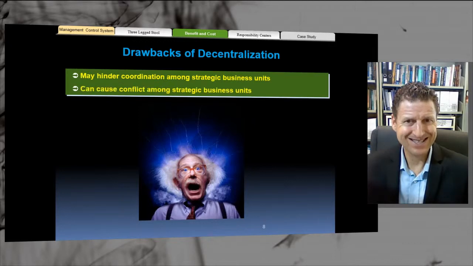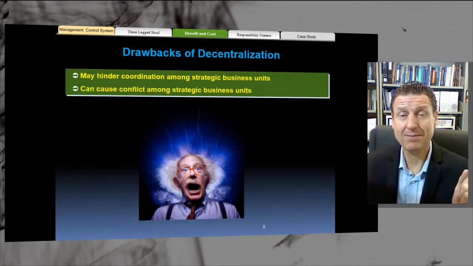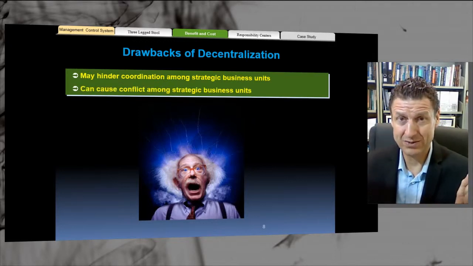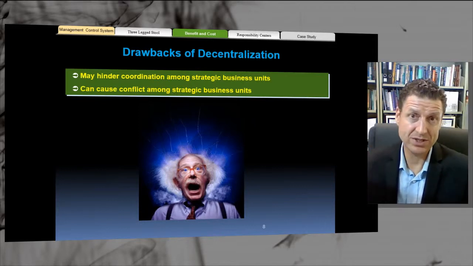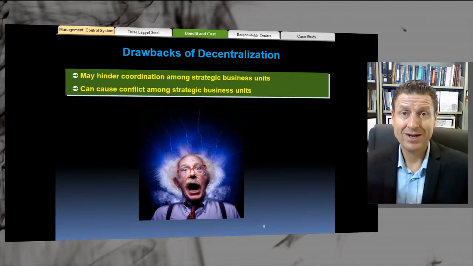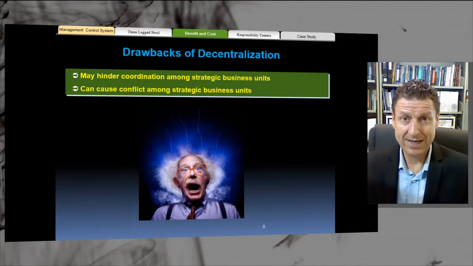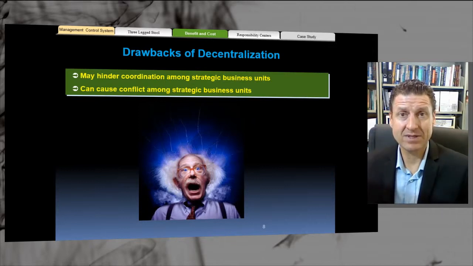We know that. It may cause conflict among strategic business units because one business unit wants to do one thing, one business unit wants to do another, and they both have their own authority to make different decisions. A customer may go to one business unit while they're visiting Melbourne in Australia and get some support.